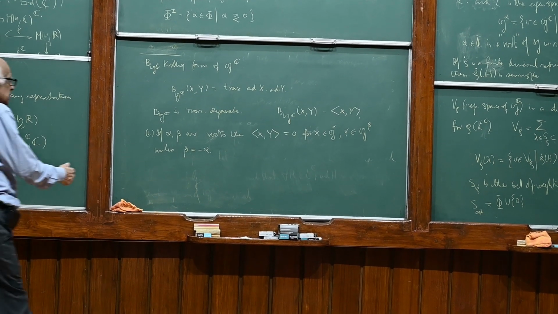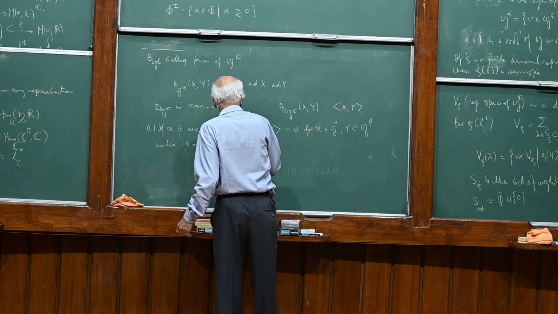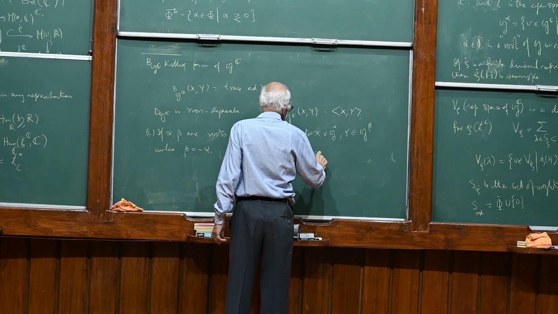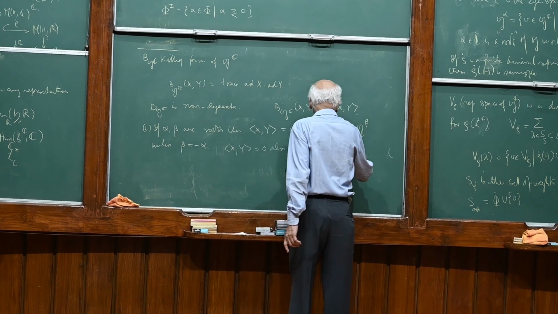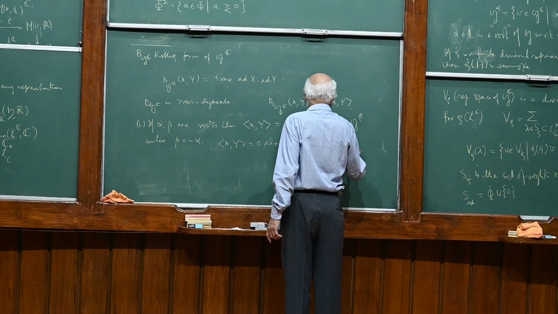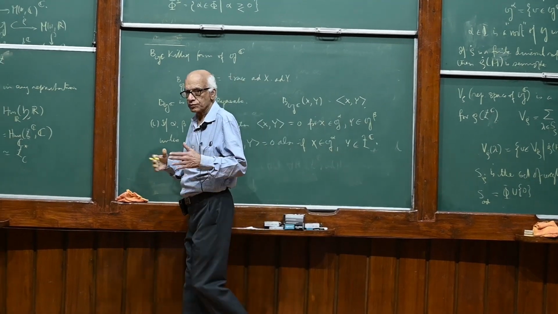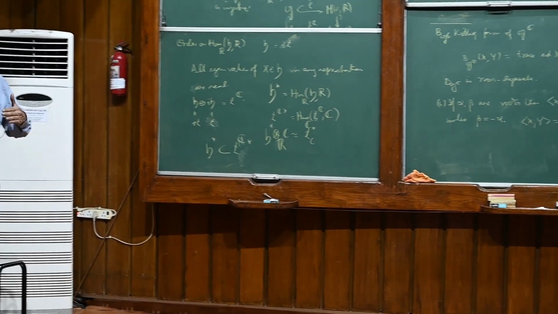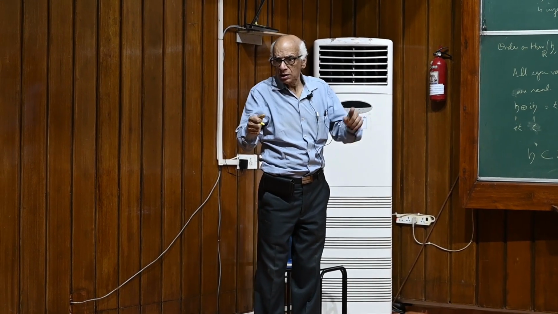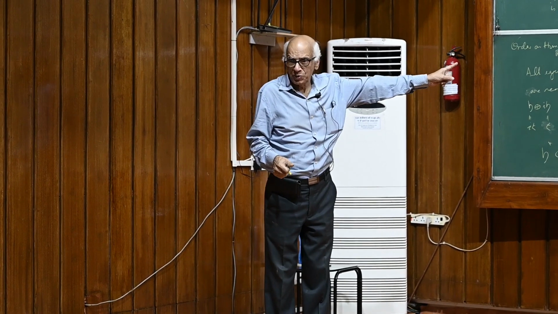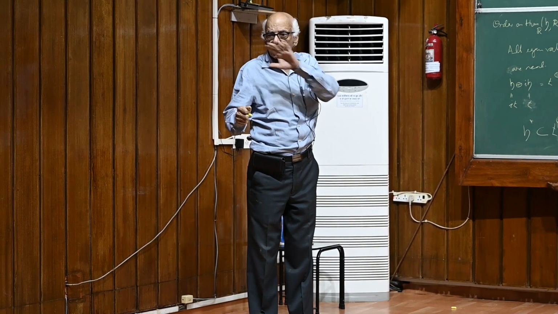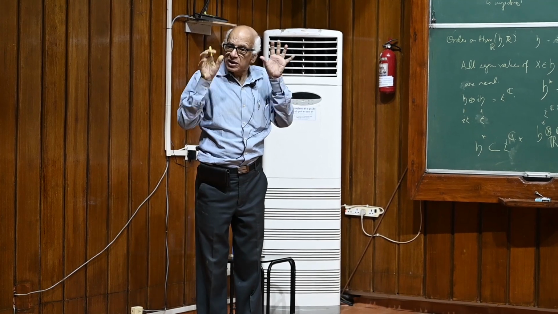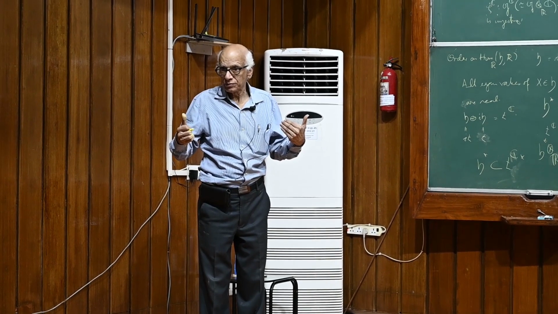Also, (X,Y) is 0 if X is in g_alpha and Y is in g_alpha. In the case of the Killing form, the various root spaces are orthogonal to each other, except that the root space g_alpha, the eigenspaces are called root spaces, is orthogonal to every other root space other than g_minus alpha. The non-degeneracy therefore shows that g_alpha and g_minus alpha have to be paired non-degenerately.